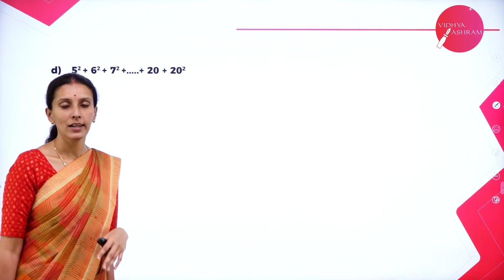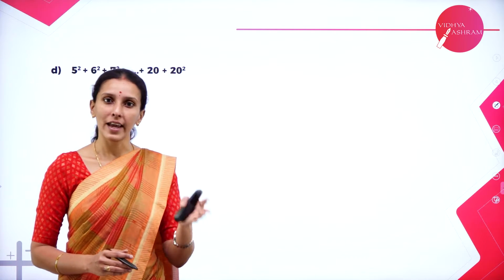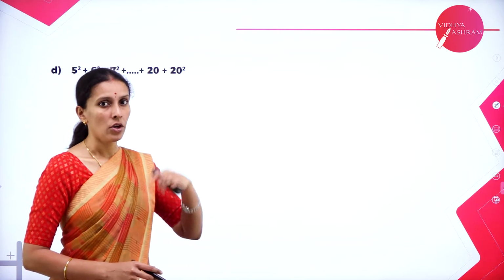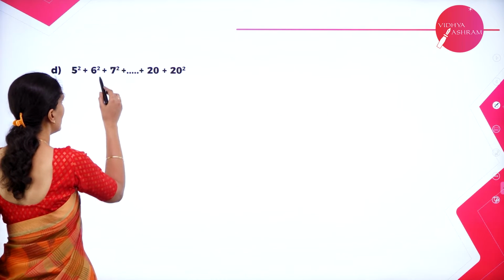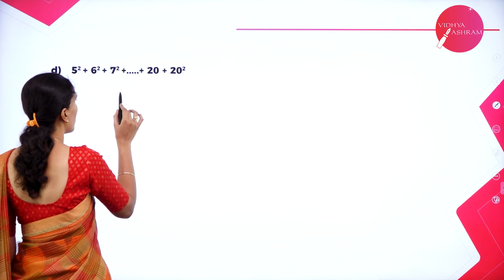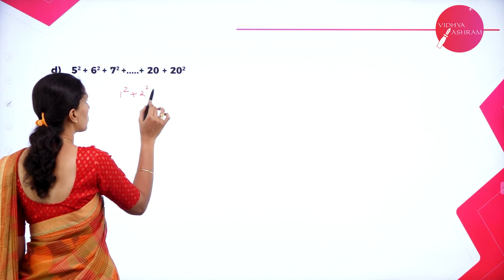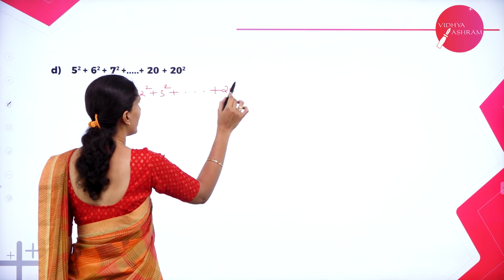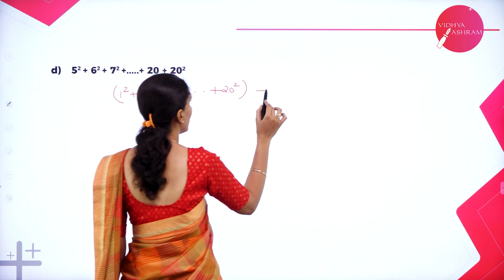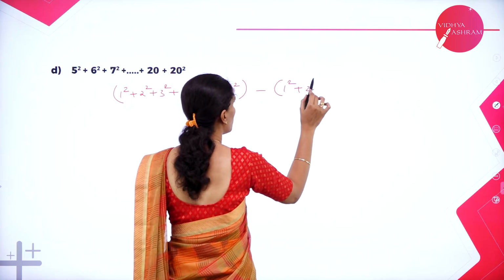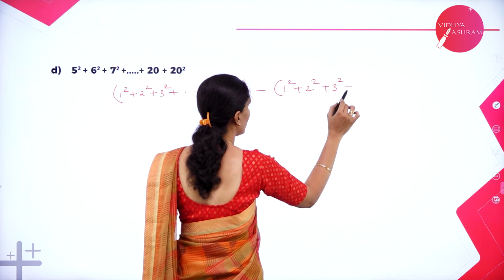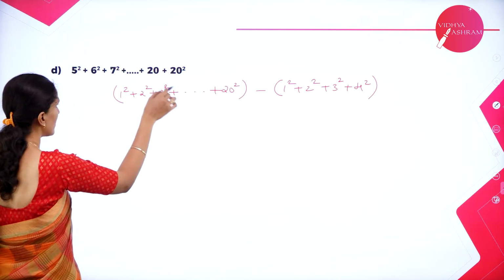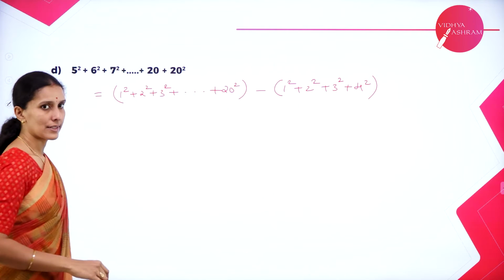Next we have 5 squared plus 6 squared plus 7 squared plus etc. up to 20 squared. We know the summation for k squared from 1 to n. So this can be written as 1 squared plus 2 squared plus 3 squared plus etc. until 20 squared, minus 1 squared plus 2 squared plus 3 squared plus 4 squared.